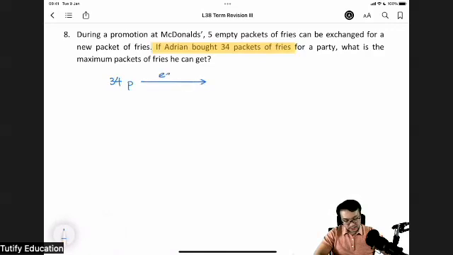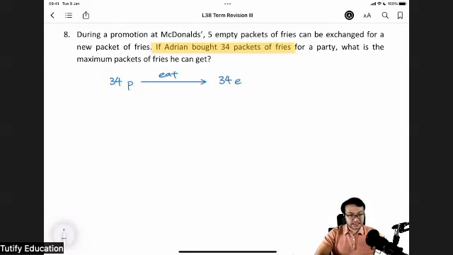He's going to eat all the fries. So after eating all the fries, how many empty packets will he have left? 34. Yes.